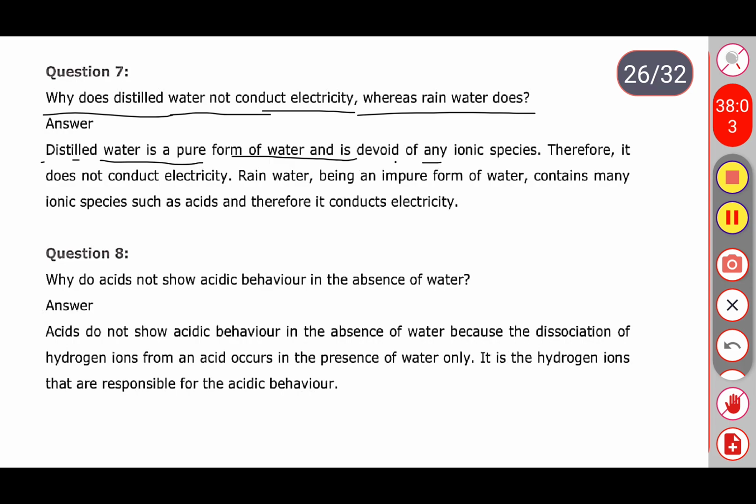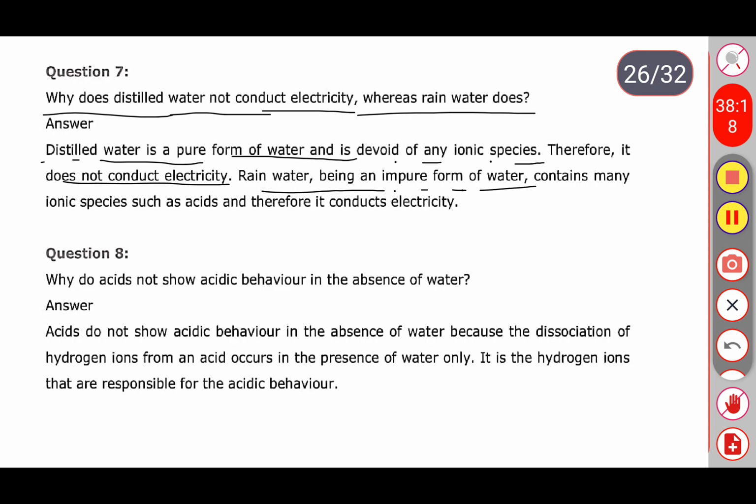Rainwater, being an impure form of water, contains many ionic species such as acids, therefore it conducts electricity.